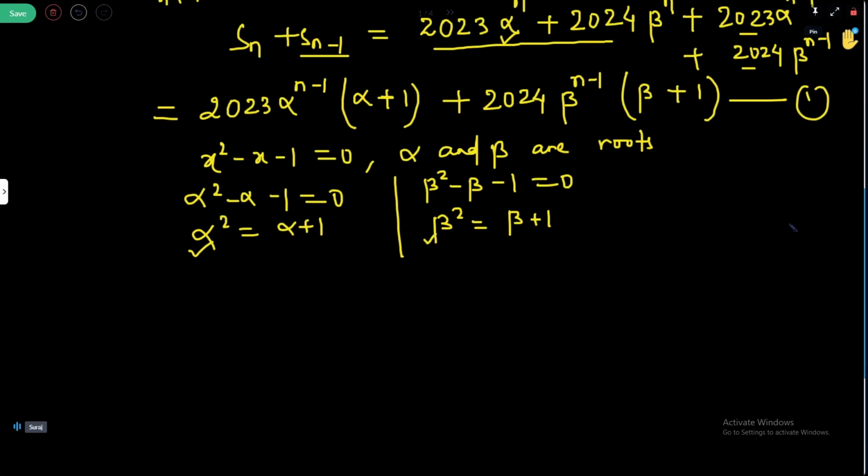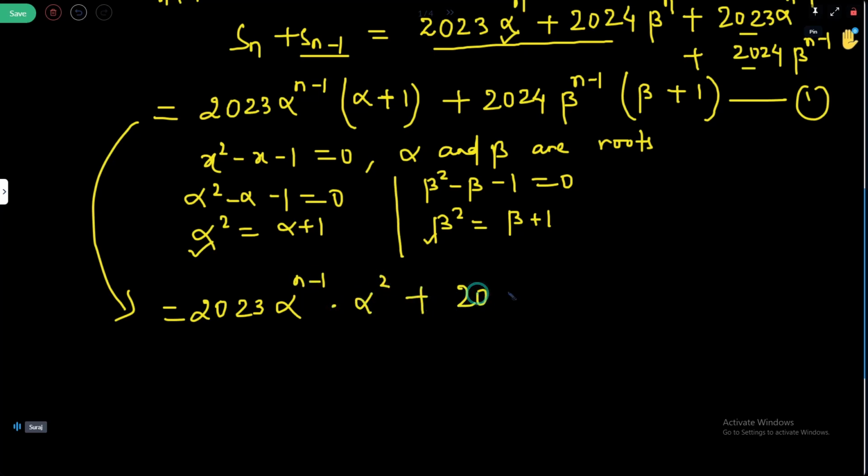You will get from this equation 2023 alpha power n minus 1 into alpha square, same 2024 beta power n minus 1 into beta square.